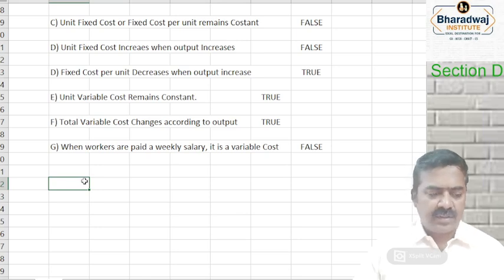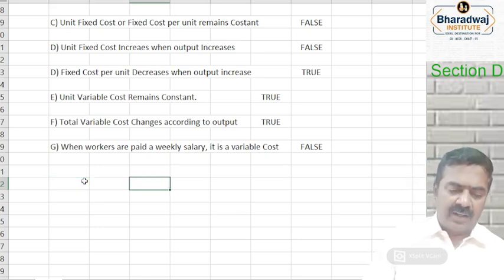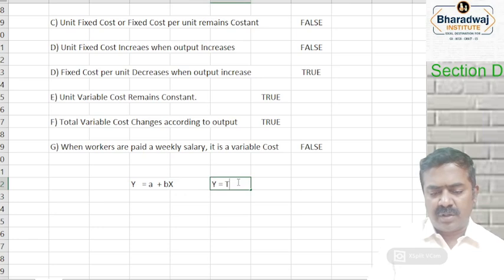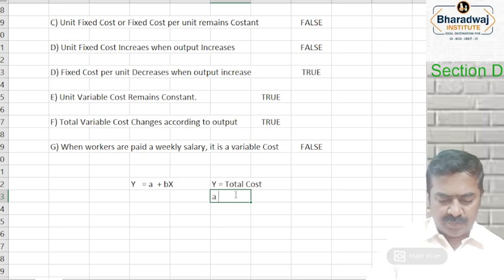Next, we use a formula. Y is equal to A plus Bx, where Y refers to total cost, A refers to constant. What is a constant? Fixed cost.